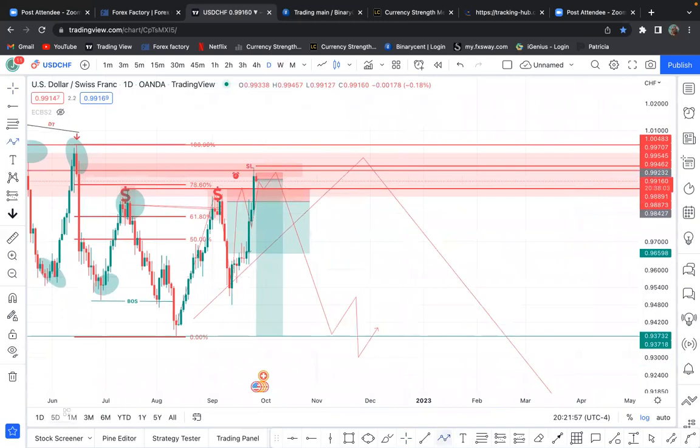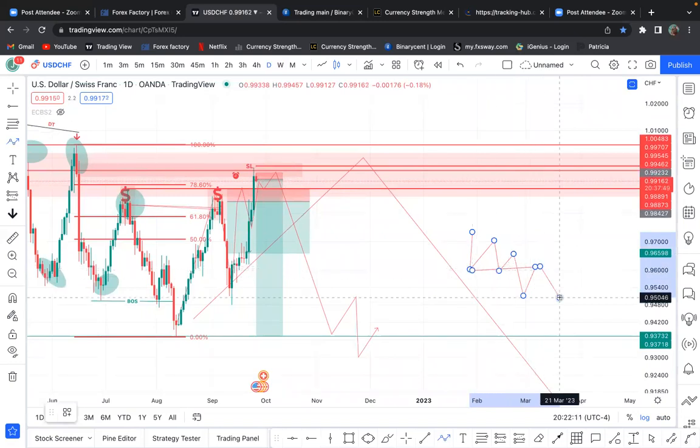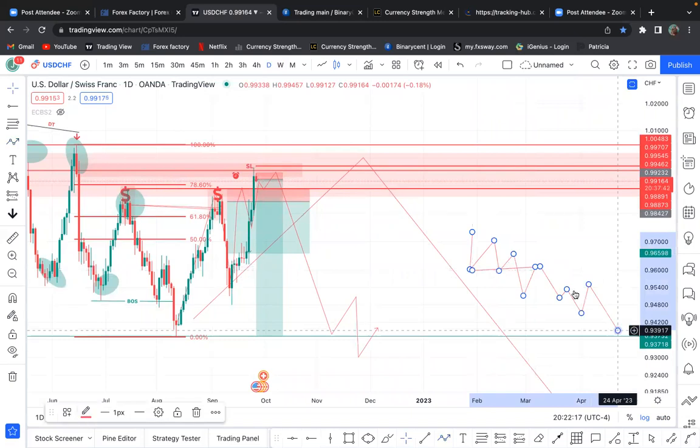So this is what I'm talking about. Usually when you see this, the market breaks to the downside, usually retests this floor, okay, and continues going back down. And if it breaks again, it retests the low and then continues going back down.